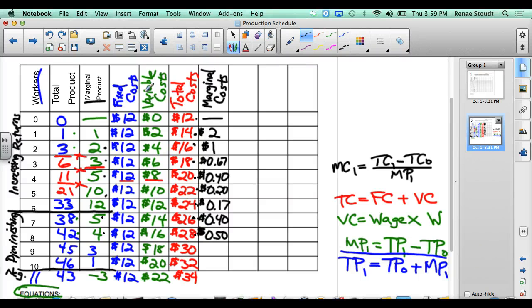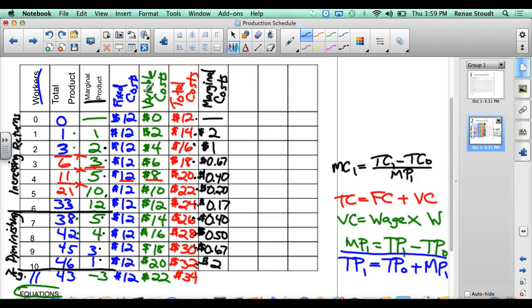And at 9 workers, we are subtracting 30 minus 28 to get 2 divided by 3. And we've already done that, so that's 67 cents. At 10 workers, we're subtracting 32 minus 30 to get 2 divided by 1. We've already done that. That is 2.